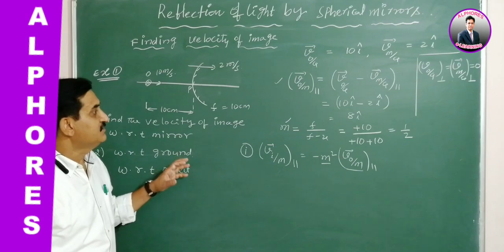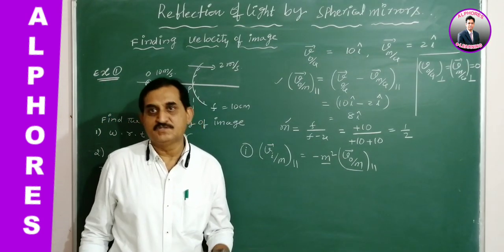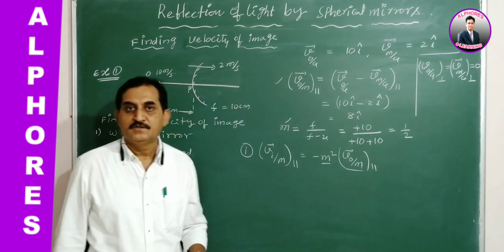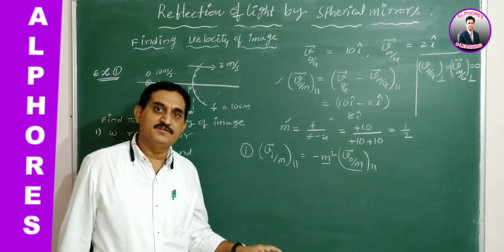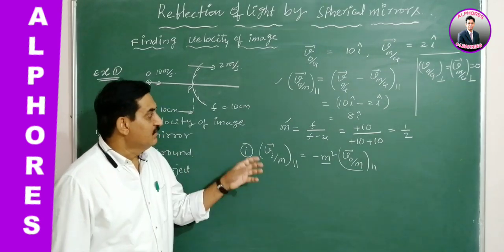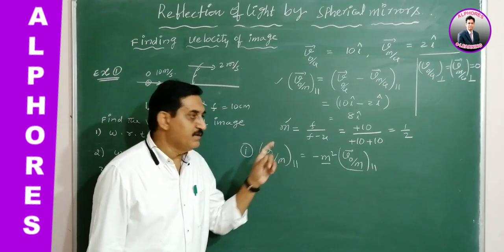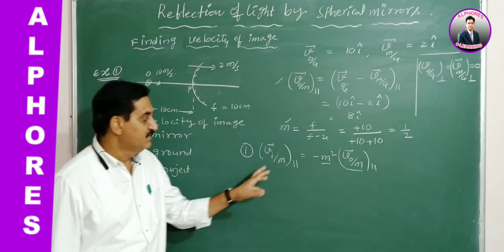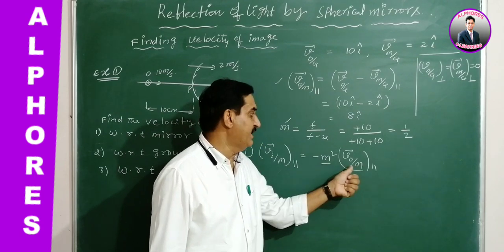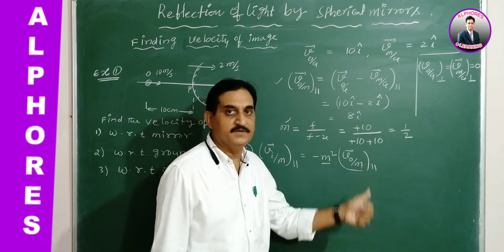Not only for this problem, from here onwards every problem related to spherical mirrors, you must go through this method. I will show that in the next coming problems. Based on this formula, keep in mind that magnification and the velocity of object with respect to mirror are to be developed.